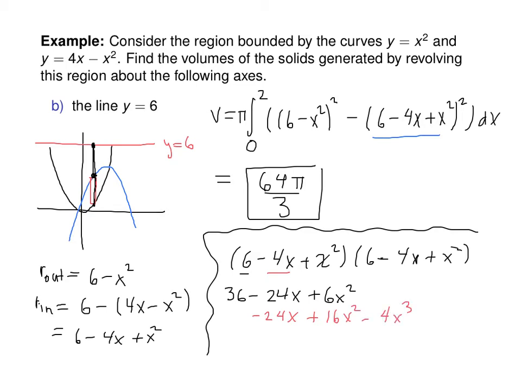Last, you distribute the x squared to everybody, and we get plus 6x squared minus 4x cubed plus x to the 4th. It is easy to get lost in all those details. Personally, I like to line up like terms so that I can just add them vertically when I combine them. So feel free to work that out on your own.